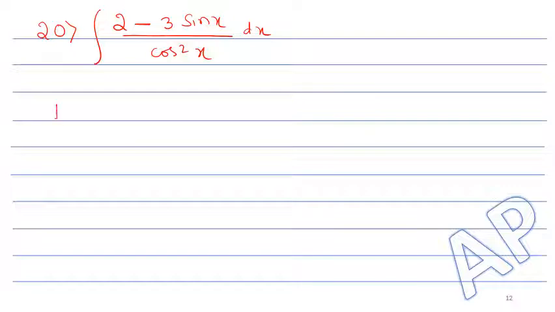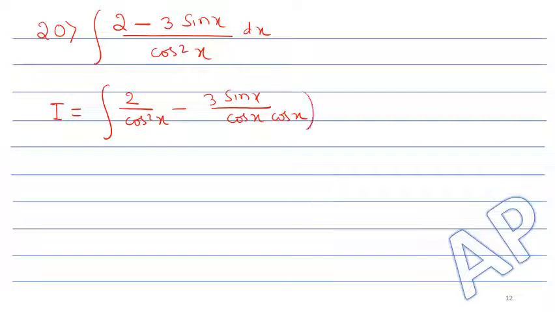Then I becomes integral 2 by cos square x minus 3 sin x by cos square x. I can write cos square x as cos x into cos x. Now see what happens. So 2 by cos square x is 2 constant, 1 by cos square x is secant square x dx, separating. Minus 3 into integral sin x by cos x, which is tan x.